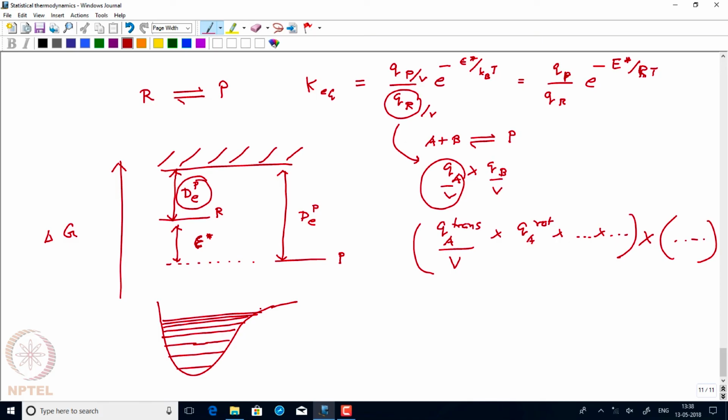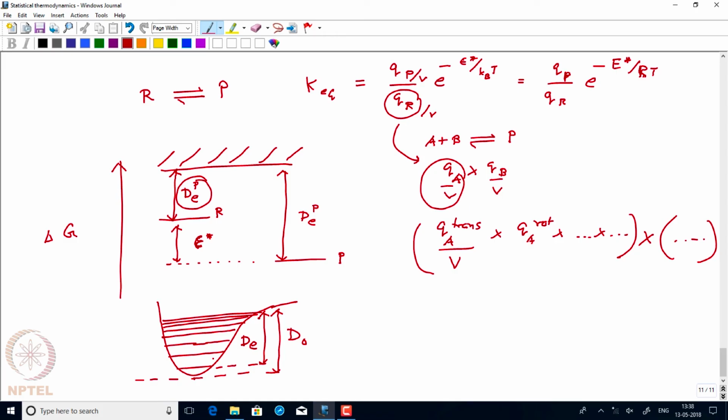And then if you measure the energy from the zero of the potential, that energy you call D0, as opposed to the energy you have just drawn, which is the experimentally determined quantity, which you call DE.